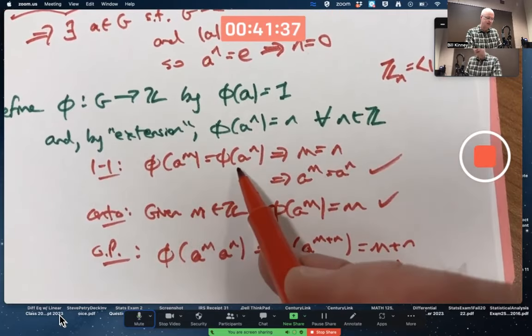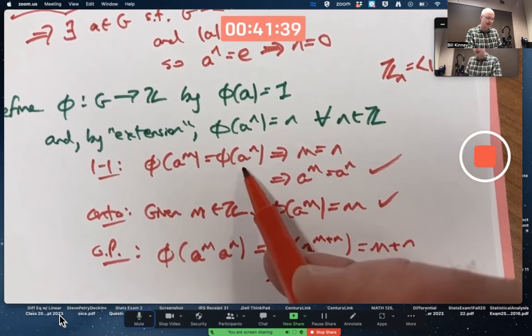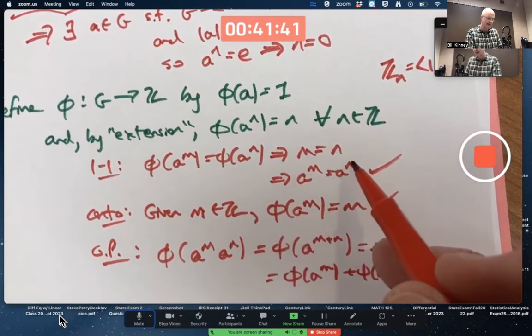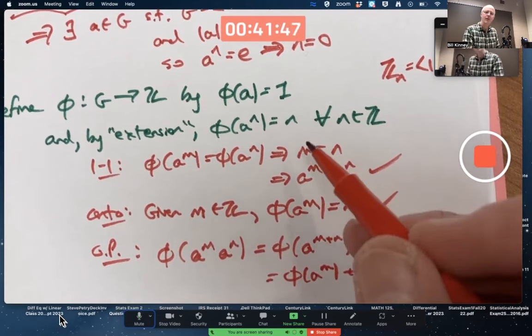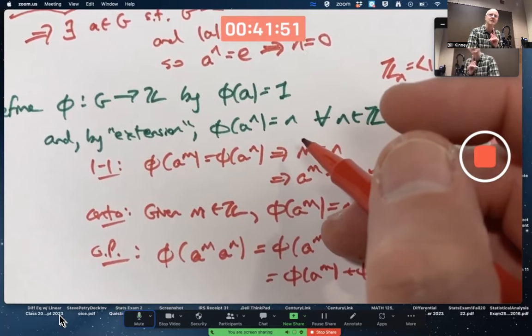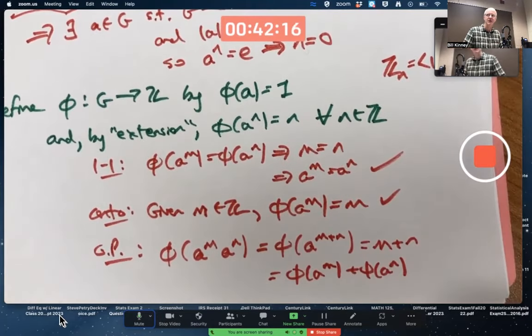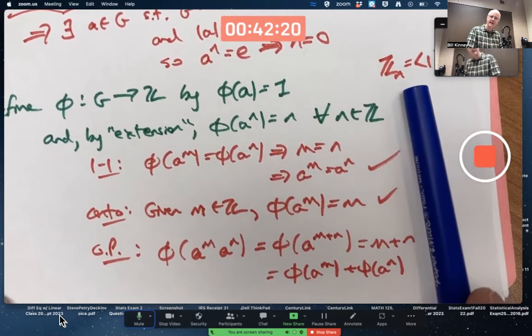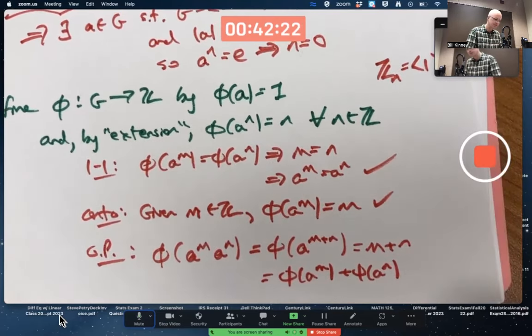If phi of a to the m equals phi of a to the n, by the formula, that would mean m equals n. Yeah, because it would still be the same formula, although, okay, there is an issue. I think there is an issue, actually, that I sort of skirted over here, if we're in this case of a finite cyclic group.